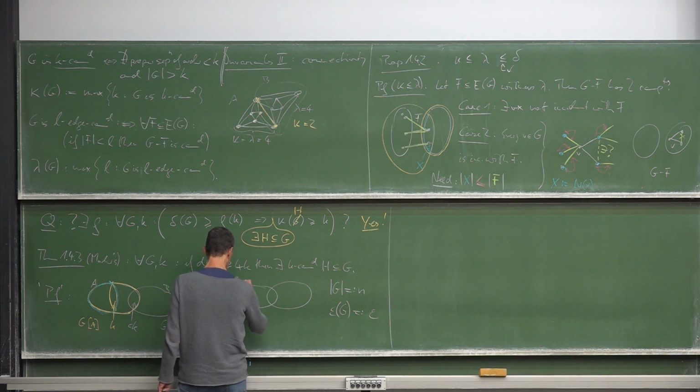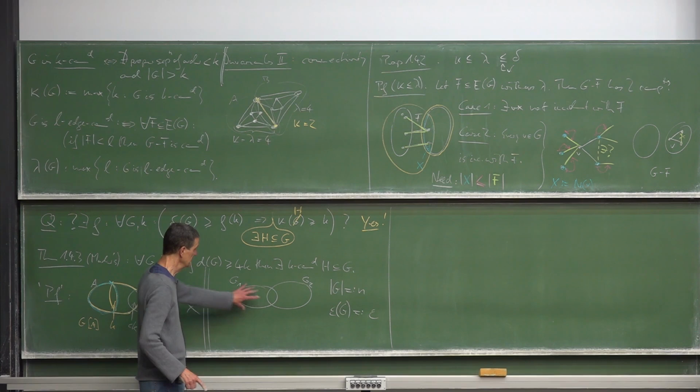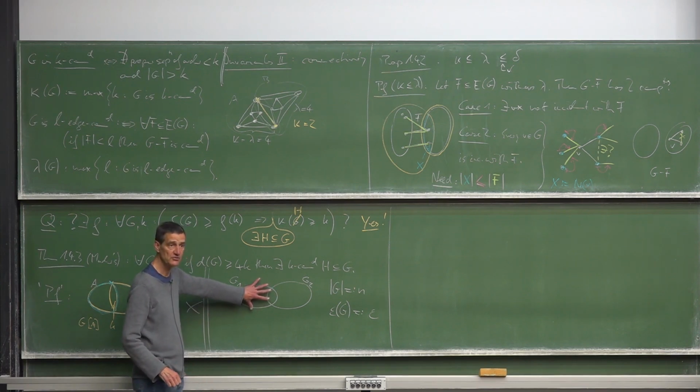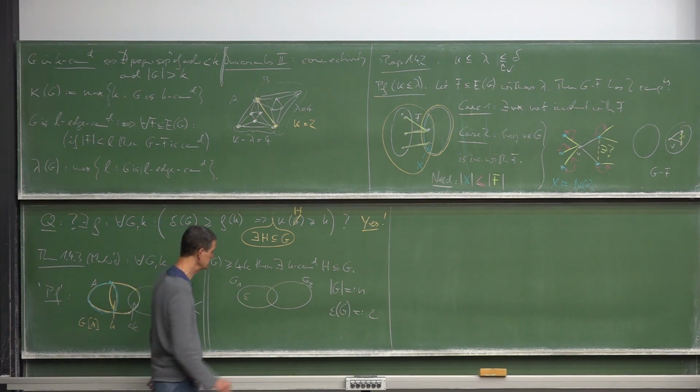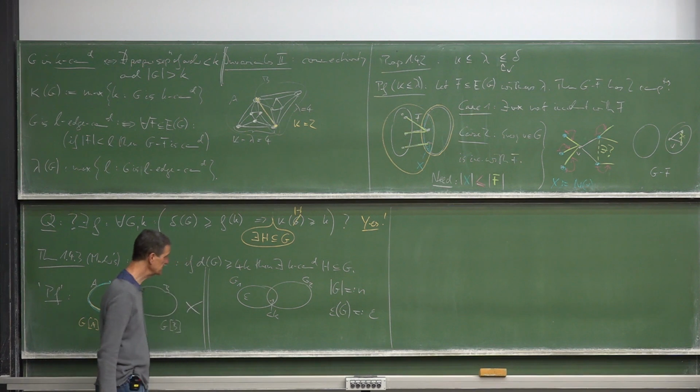Let's call this G1 and this G2. So G1 is the subgraph of G induced by the left-hand side of some separation of order less than k, and G2 is that of the other side.